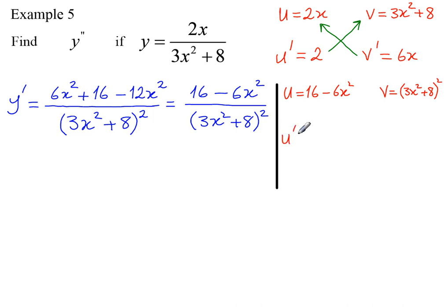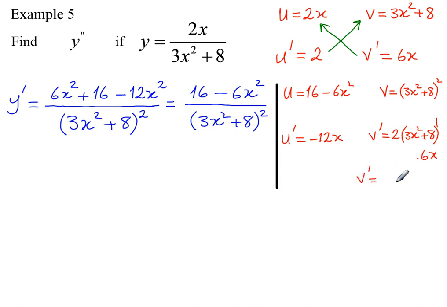So u dash is the derivative of this. The derivative of 16 is 0. The derivative of negative 6x squared is negative 12x. And v dash, the derivative of this bracket, so that would be 2 times the bracket 3x squared plus 8 to the power of 1 times the derivative of what's inside the bracket, which is 6x.